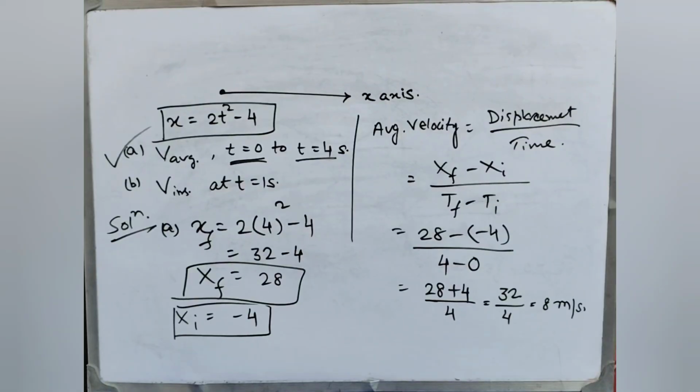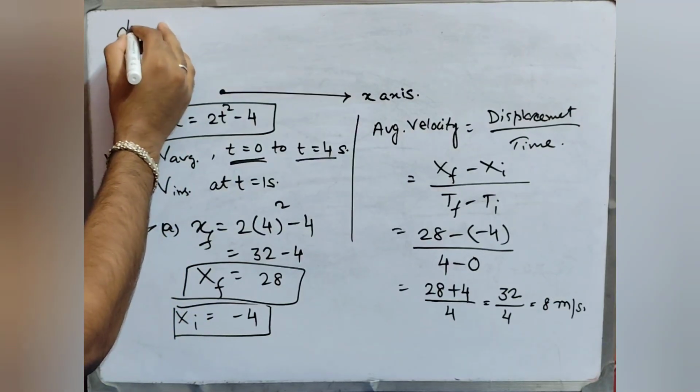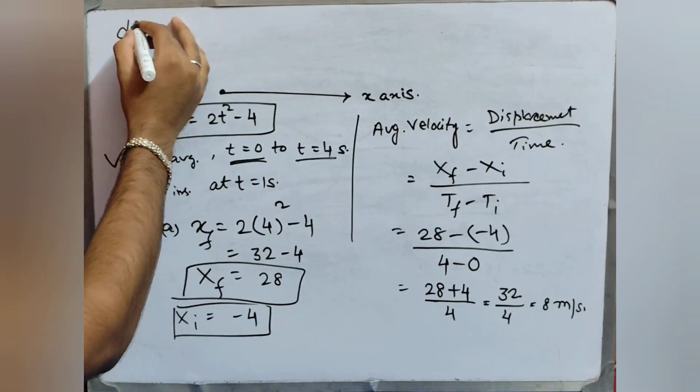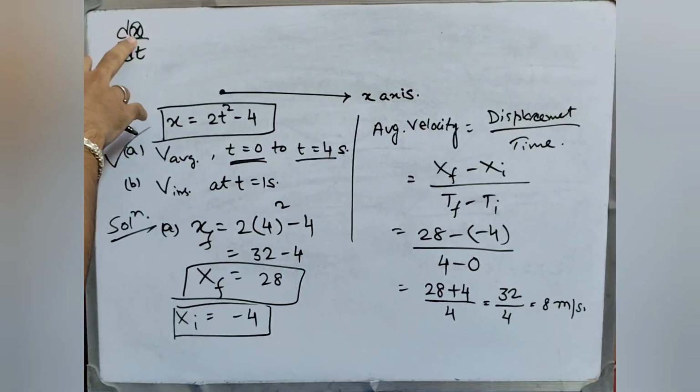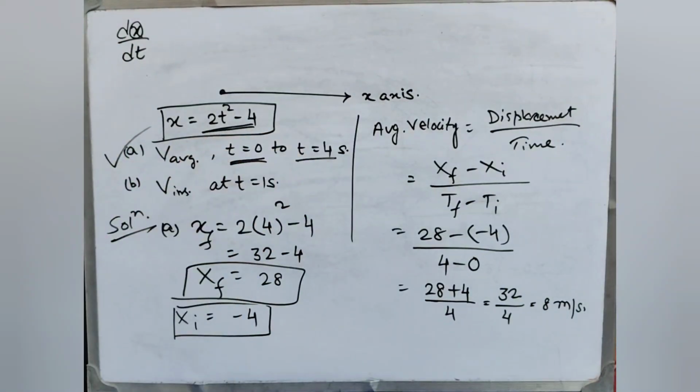And instantaneous velocity is dx by dt. Here I have told that x is a function of time, and if we differentiate this function with respect to time, we will get the instantaneous velocity.